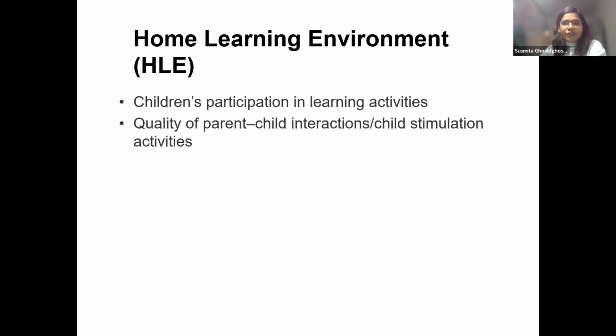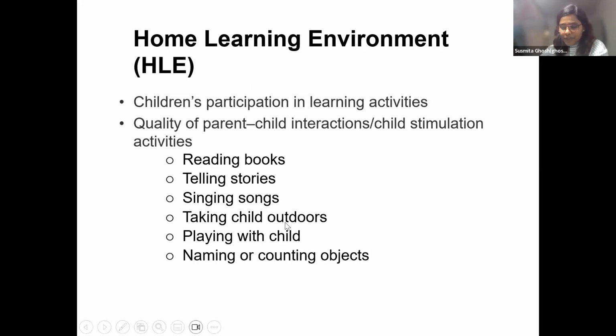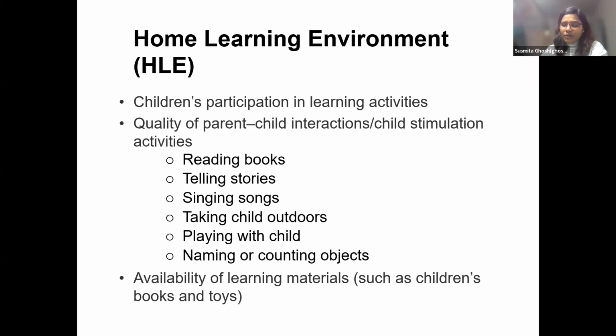It is the quality interaction between parent and child, or child-stimulating activities such as reading books to the child, telling stories, singing songs, taking the child outside or playing with the child, and naming or counting objects. It also includes the availability of learning materials such as children's books and toys. So this is the home learning environment.